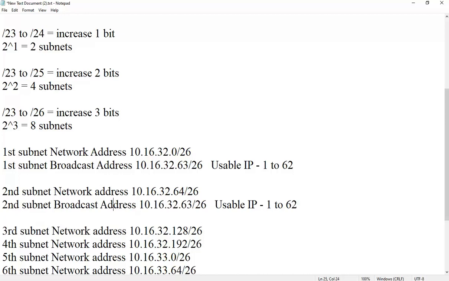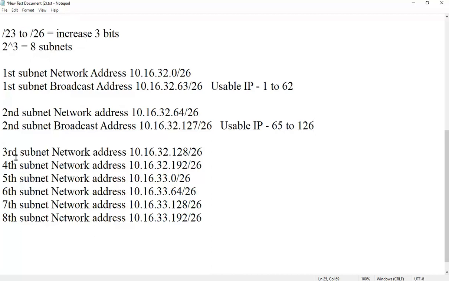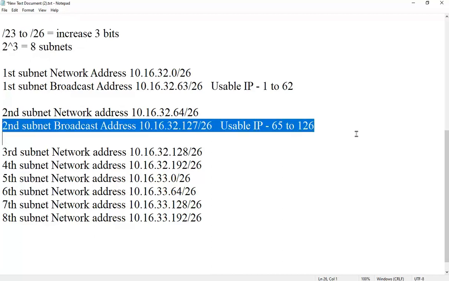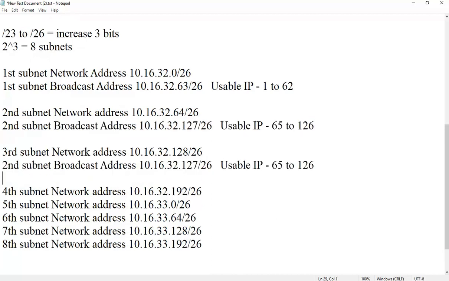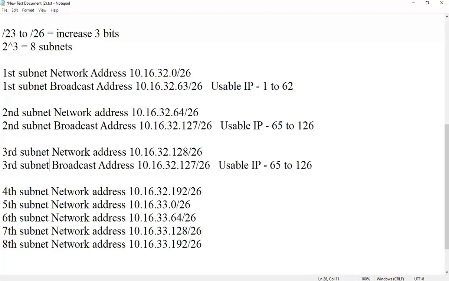So for the second subnet broadcast address, I will need to make use of the third subnet network address. 128 minus 1 will be 127. So 64 plus 1 will be 65, and 127 minus 1 will be 126. That will be my usable IP address range for the second subnet group. And you just need to keep repeating this procedure for the third subnet.